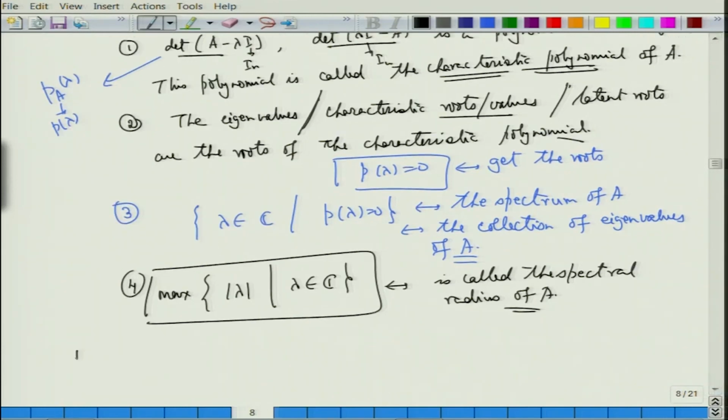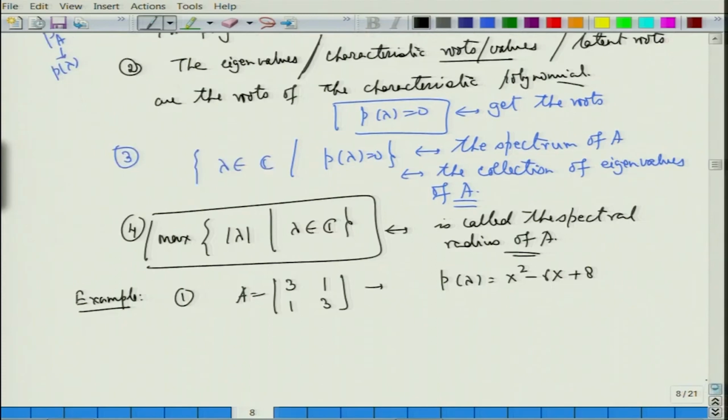So example, let's go back to the examples. The first example that we had was, I took A as I think 3 1 1 3. So for this matrix, P lambda was equal to x square minus 6x plus 8. Fine. Another example, I took A as, I don't remember it, so let me go back and see what I had taken.